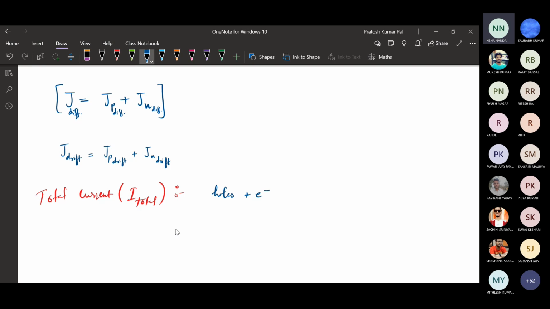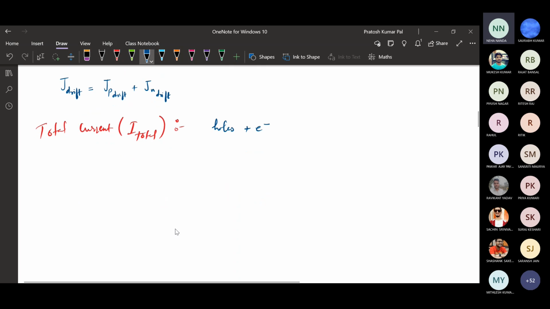So there will be a drift current because of holes and electrons, and a diffusion current because of holes and electrons. The total current will be given as I because of drift plus I because of diffusion.